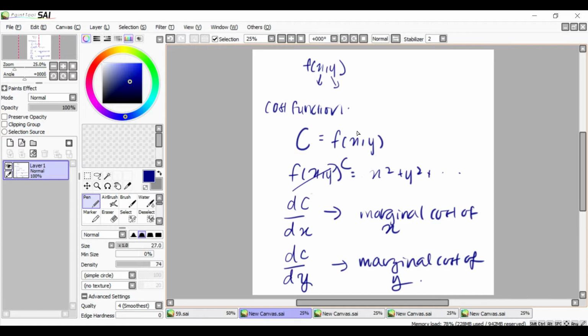Often x and y, the variables here, will represent the products. So maybe there'll be a product A and it'll be represented as x.